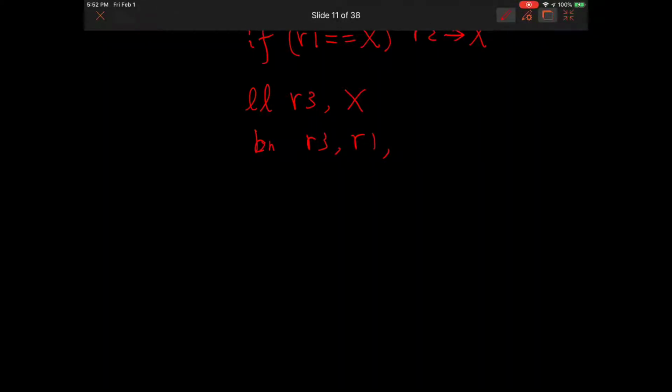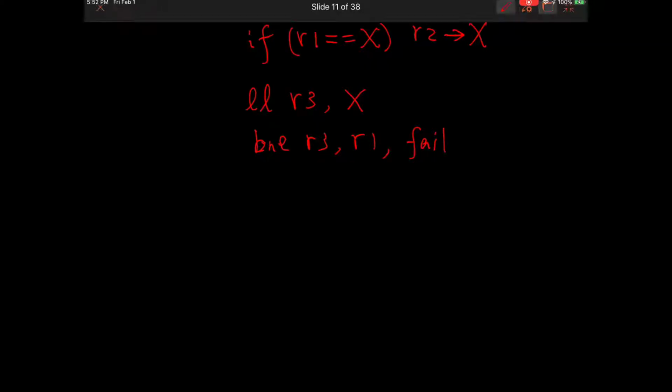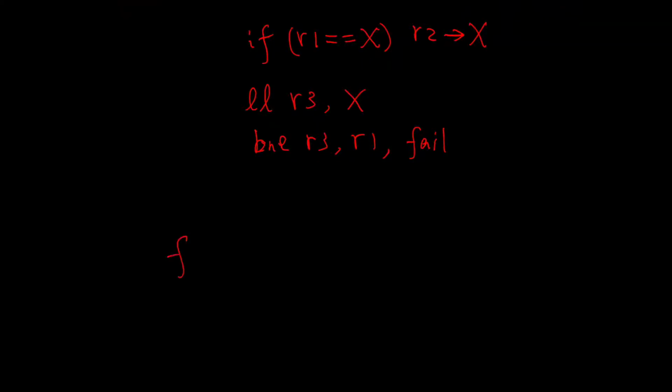Branch if not equal R3, then go to fail. So we're not doing this. So fail would be here. Else, let's say they're the same, and then I store conditional R2 into X. Now I'm done. And this fail you can handle. If it's not true, what do you do? How you handle it depends on what you want to do.